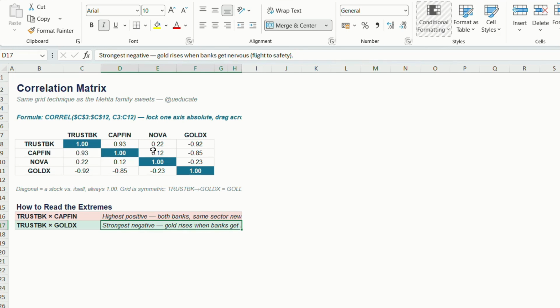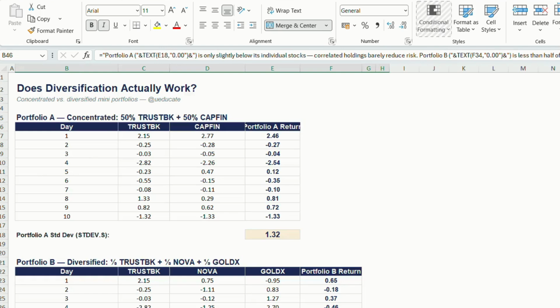Investing in many stocks that move together is not diversification. We will see this concept in our next workbook: does diversification actually work?